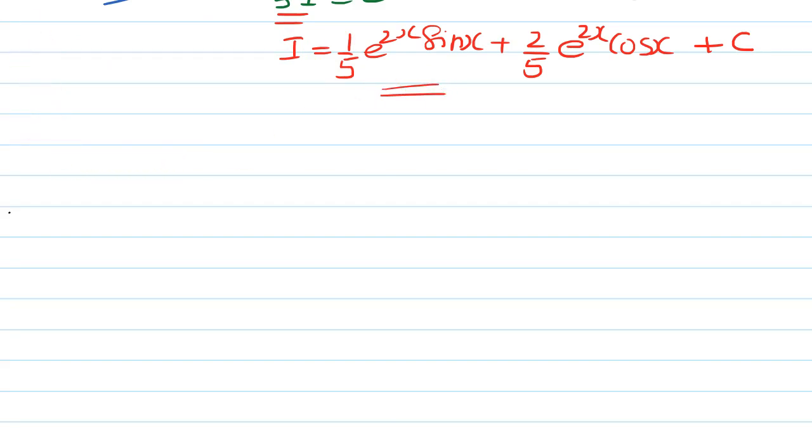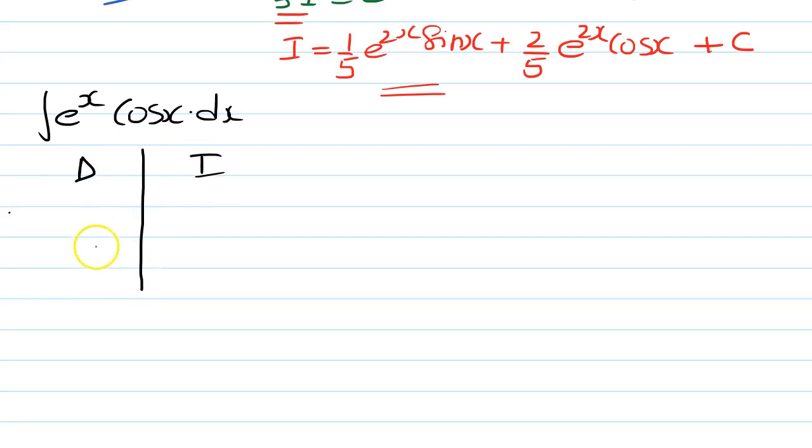So let's see another question, that is the integration of e to the power x into cos x into dx. So what we need to do, just write down here d, and here it is I, and just draw a line. So differentiate e to the power x here, this term, and cos x you write down here.